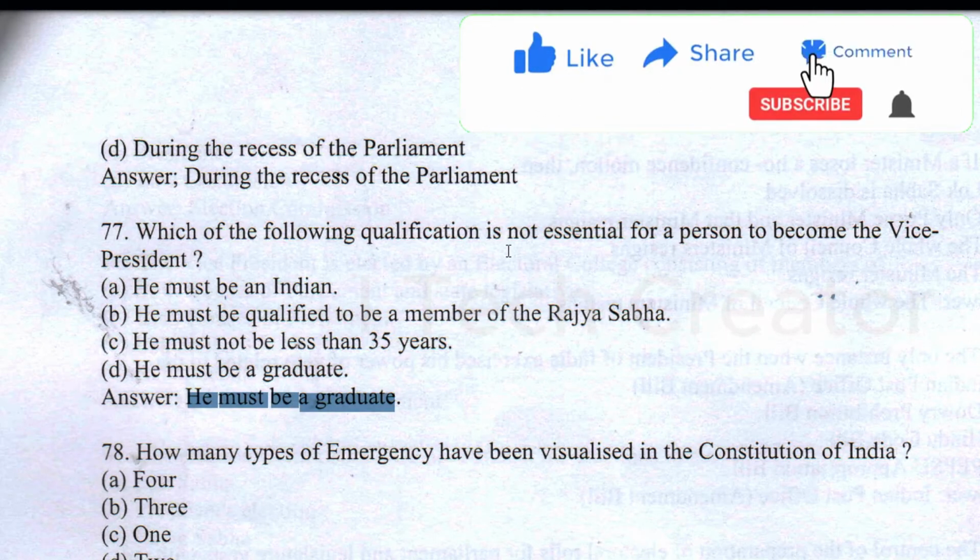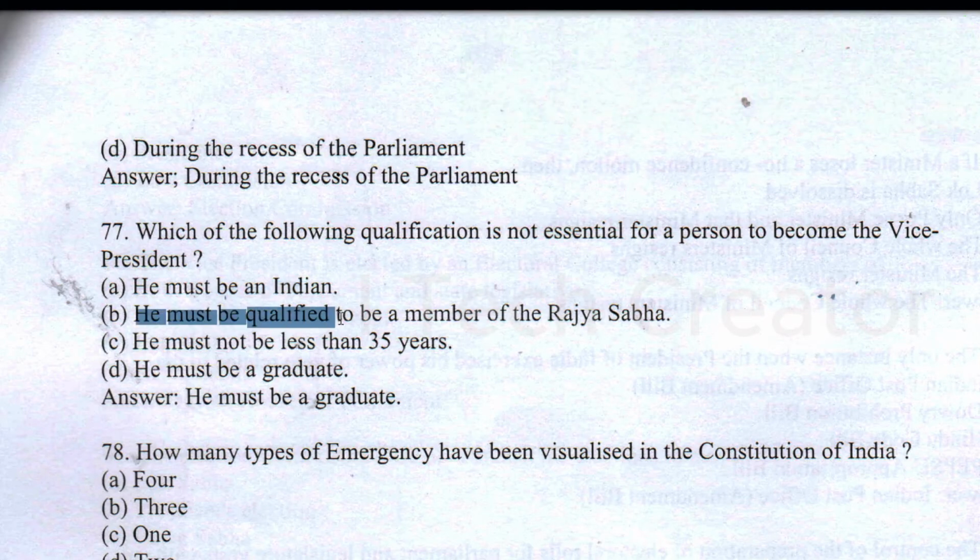He must be an Indian, he must be qualified to be a member of the Rajya Sabha, he must not be less than 35 years. He must be a graduate is not essential.